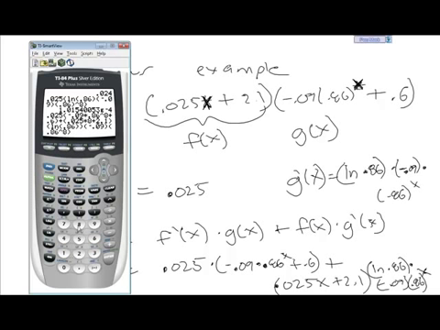Close that. So it looks terrible, looks absolutely terrible, but it is what it is.